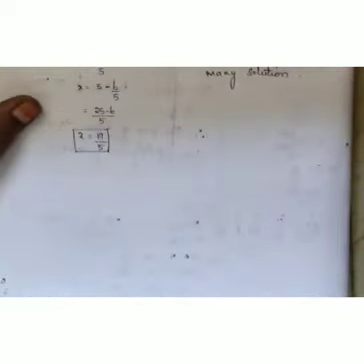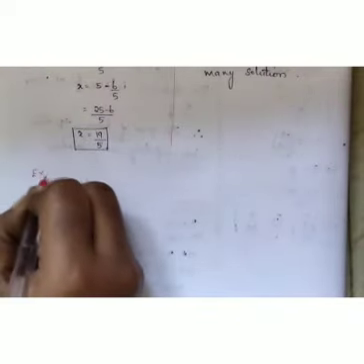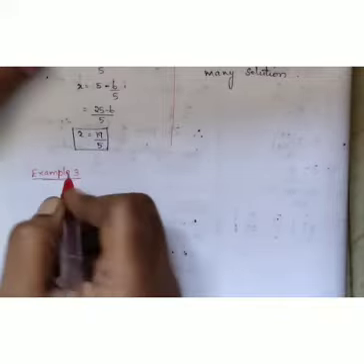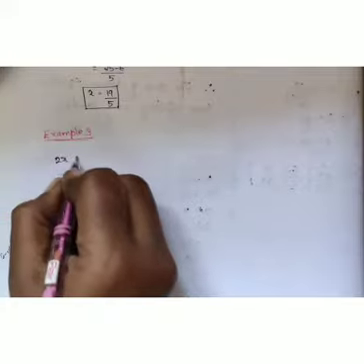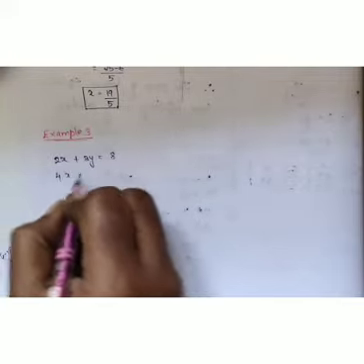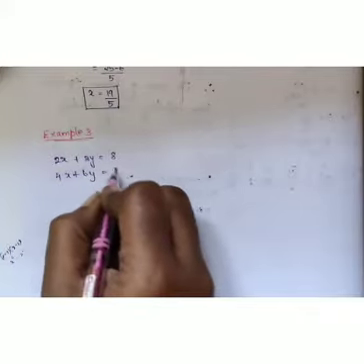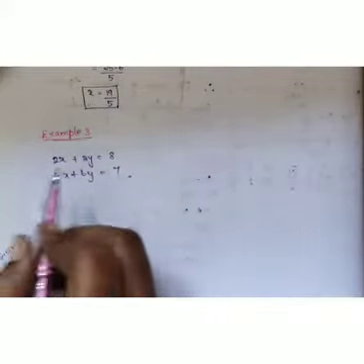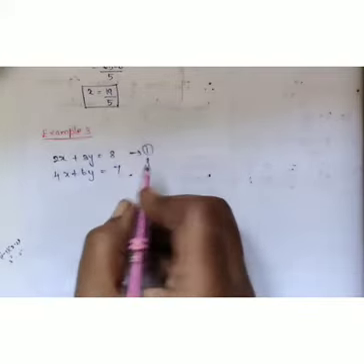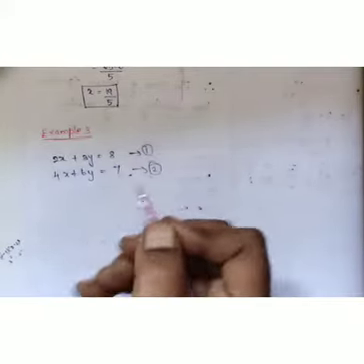The next is example 3. Let us take the equations 2x plus 3y is equal to 8 and 4x plus 6y is equal to 7. Now let us try to eliminate the x value here. Take this as the first one and this as the second one.